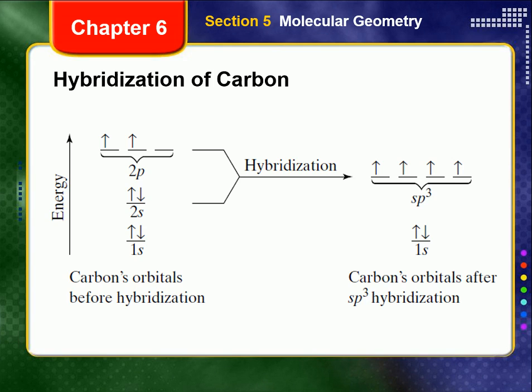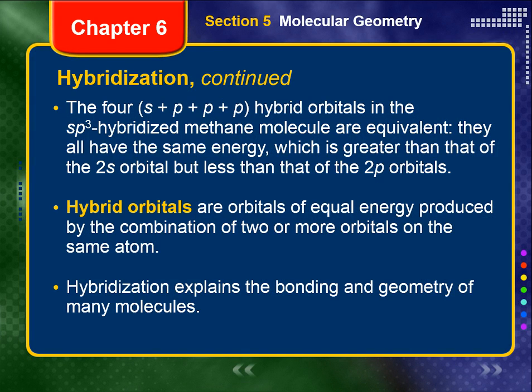The sp3 orbitals all have the same energy, which is greater than that of the 2s orbital, but less than that of the 2p orbitals, as shown in figure 6-23 on page 188 of your text or on the screen now. Hybrid orbitals are orbitals of equal energy produced by the combination of 2 or more orbitals on the same atom.